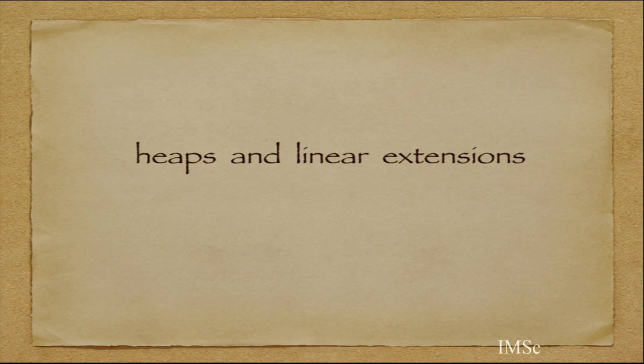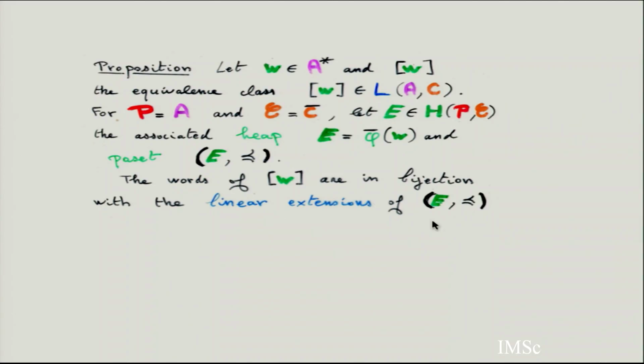Okay, so now there is a relation between heaps and linear extension. Proposition. Take any word in the alphabet A, in the equivalence class, in the commutation monoid. So you have a commutation alphabet and commutation relation. When you go to heap, the basic piece P is exactly the alphabet, the dependency relation, the complementary, and take any heaps related to this.